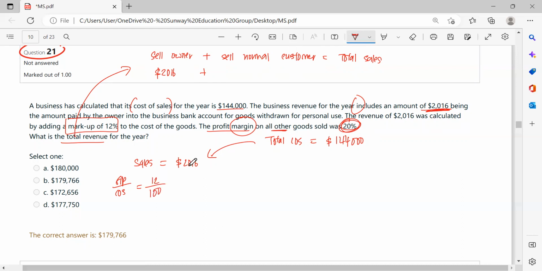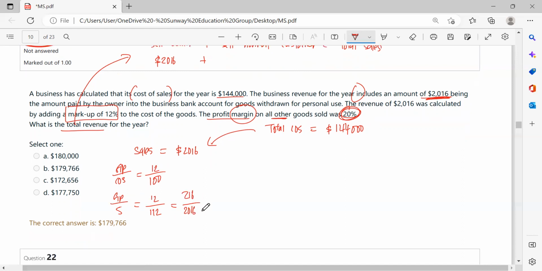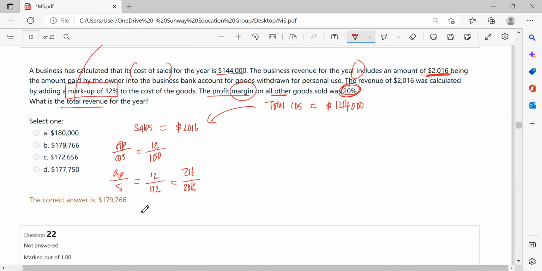But in order for me to use the sales figure, I have to convert this into margin. So 12 over 112. So sales is equivalent to 2016, and therefore my gross profit is equivalent to 216. Once I know my gross profit and sales, I just minus. So the cost of sales is 1,800.